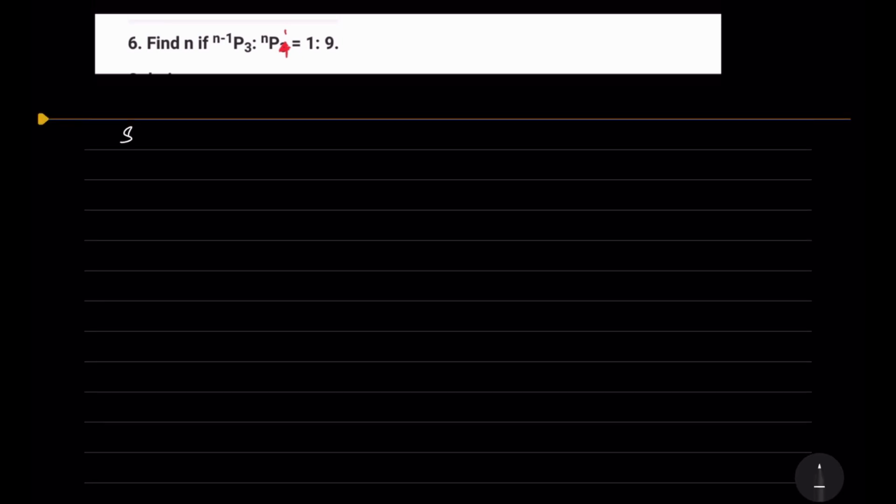The sixth problem, what is it? We'll just read. Find n if (n minus 1)P3 is to nP4 is equal to 1 is to 9. So in the solution part, we know nPr is equal to n factorial by (n minus r) factorial.